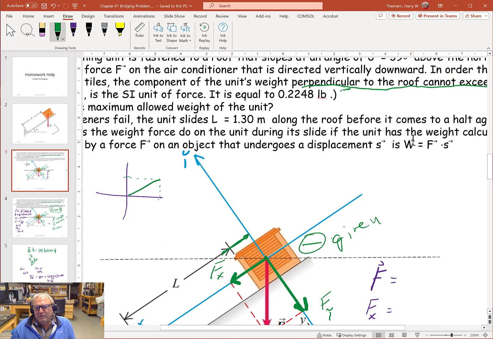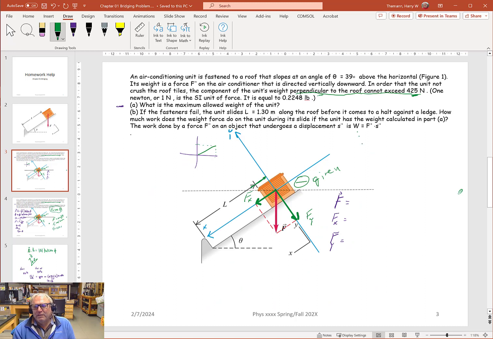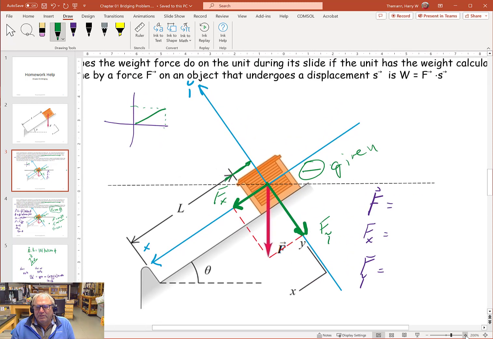So we look up here, and one thing you have to notice is that we're allowed to have a maximum perpendicular force of 425. So we look at this, and you have three force vectors to choose from. Which one of them is at right angles to the roof? Right? Ding, ding, ding. So this is the number you're given.